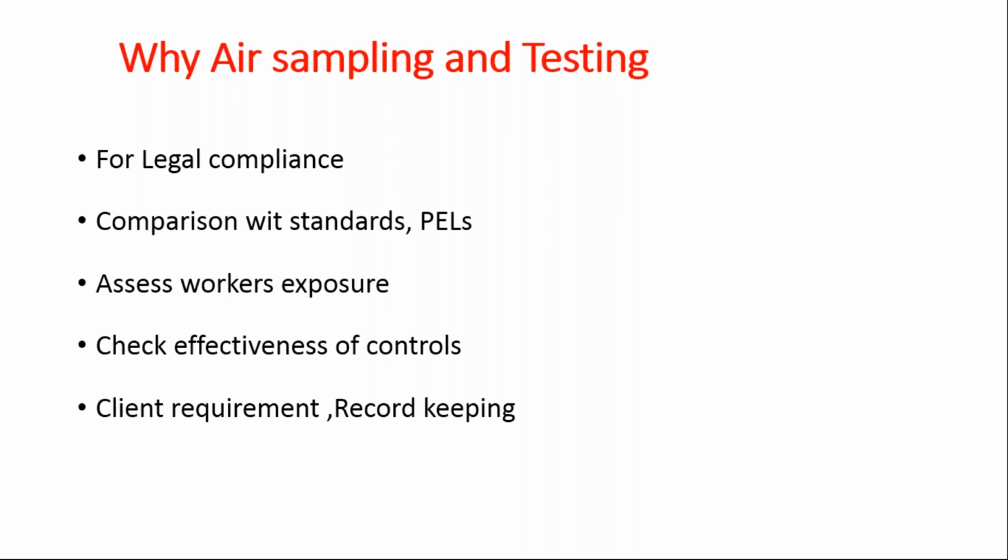Then we can compare how much the concentration of the contamination has been reduced, whether this ventilation system is effective or not. And the last, client requirement, record keeping, maybe such types of objectives or purposes for performing air sampling and testing.